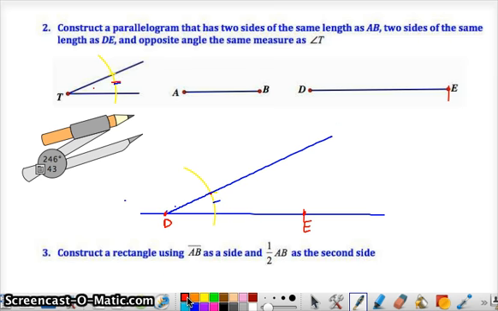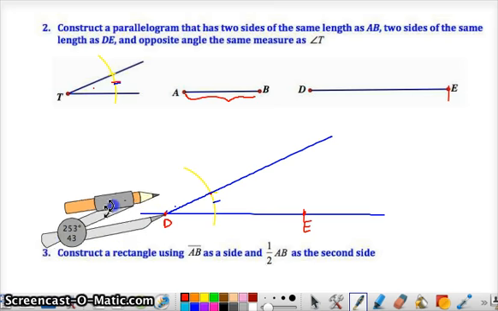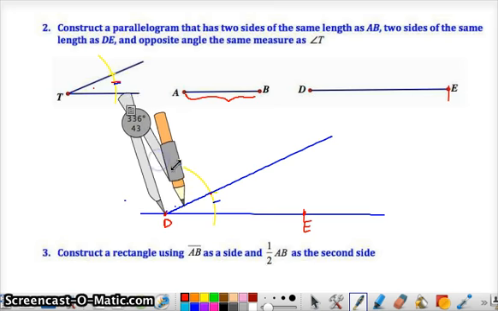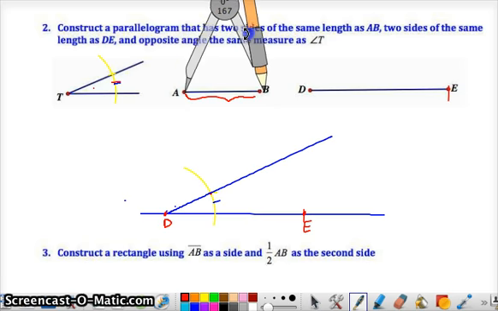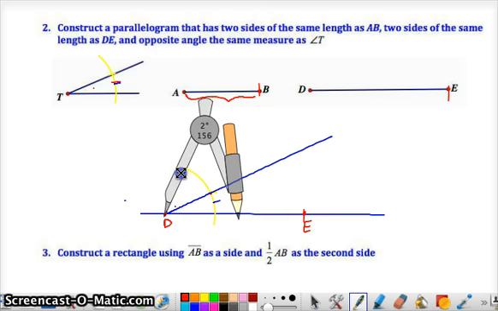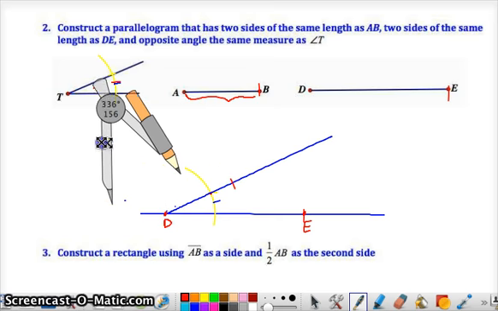Okay, well the rest shouldn't be too bad, right? Now I need to measure the length of AB, and I need to make sure this length is the same as AB. Well, sorry, before I do that, I need to measure the length of AB. So I open my compass, I can see it's that long, so I replicate that on this side.